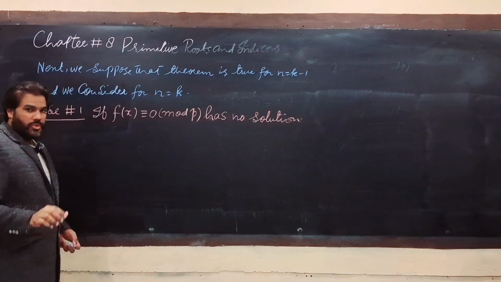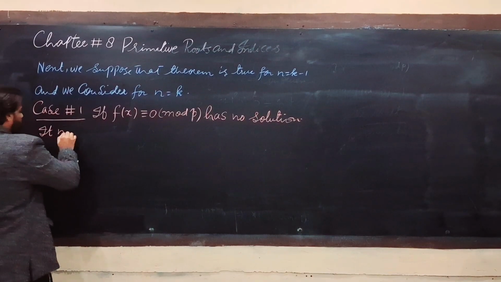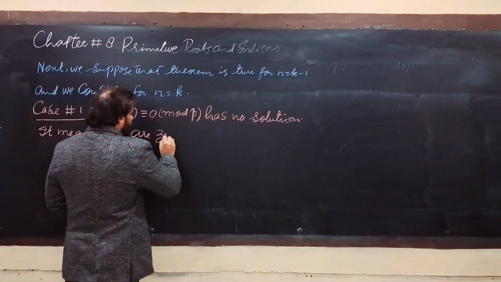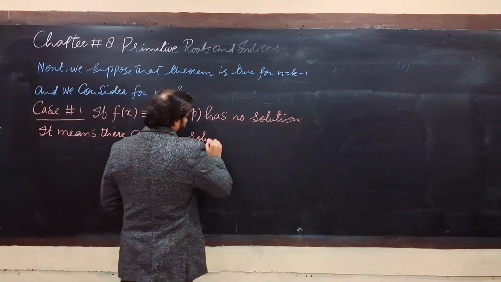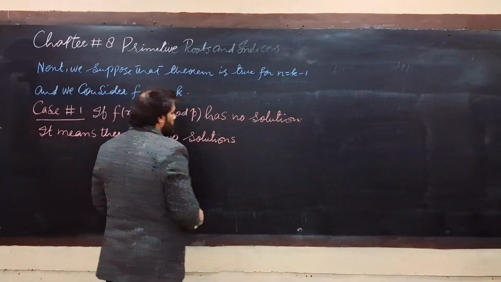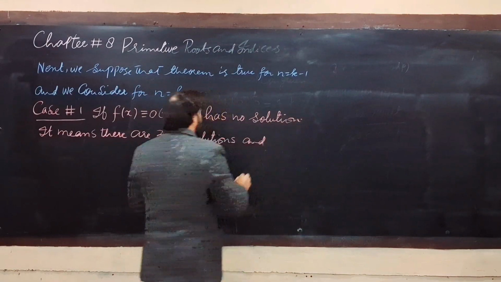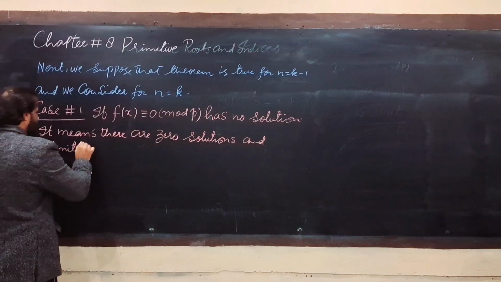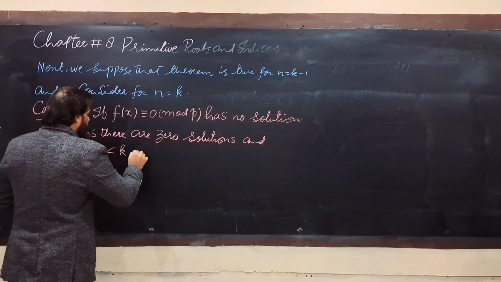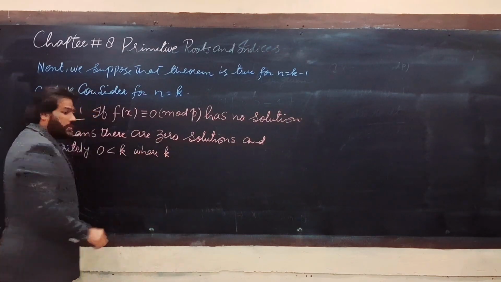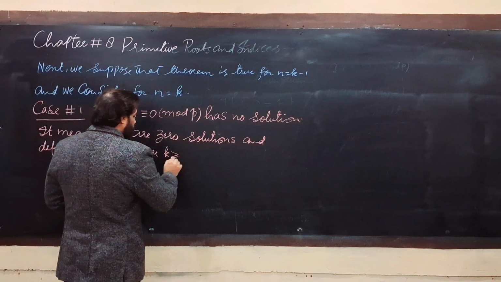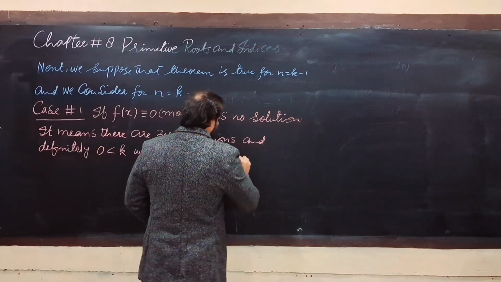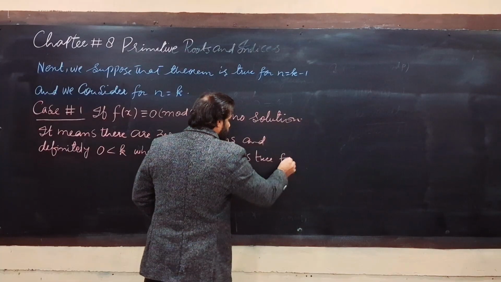When we say this congruence has no solution, it means there are zero solutions, and definitely 0 is less than k, where k represents the degree of the polynomial, which is here greater than or equal to 1. So the result is true for this case.